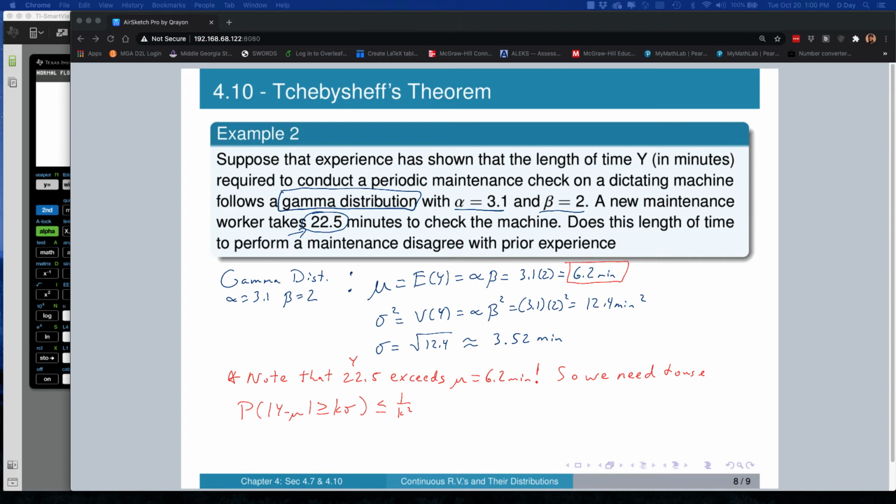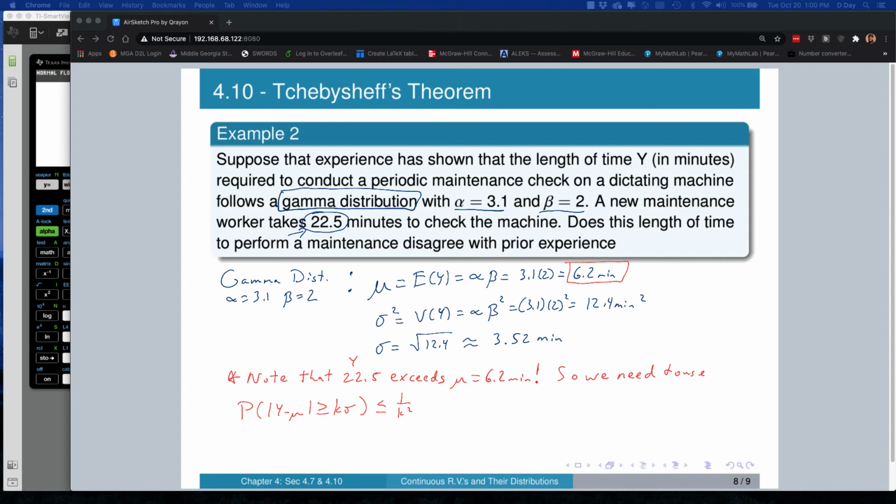So what we really need to do is use what we have at our disposal in this formula to find the value of k, and then determine the probability based off the value of k to see how unusual it is. And that'll tell us whether or not the length of time this new guy did the job in disagrees with prior knowledge that we have based on the distribution. So if it's unusual, then we can probably conclude this guy's slow.